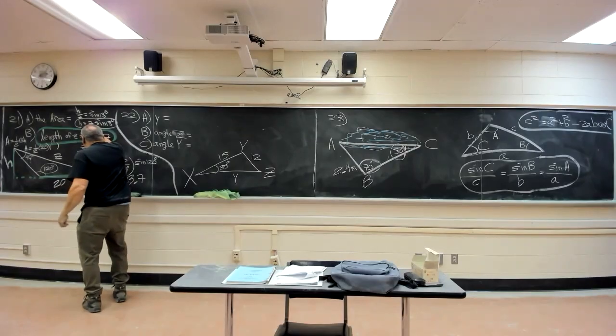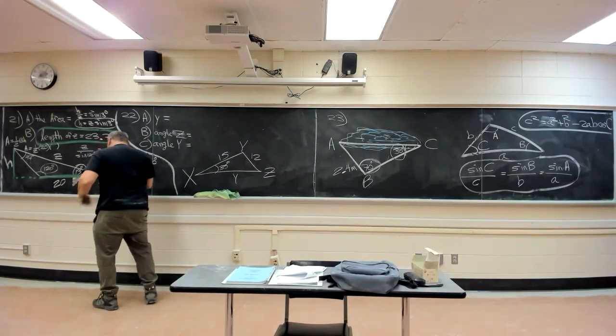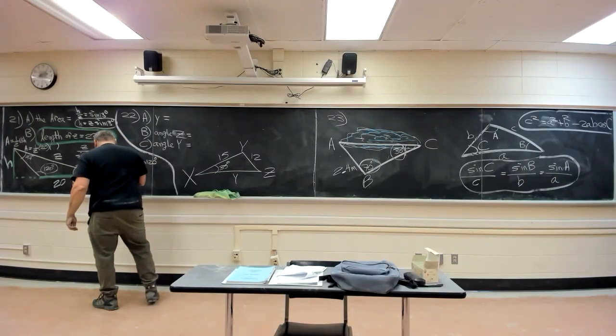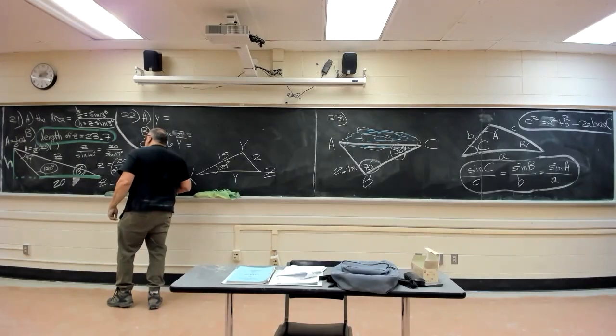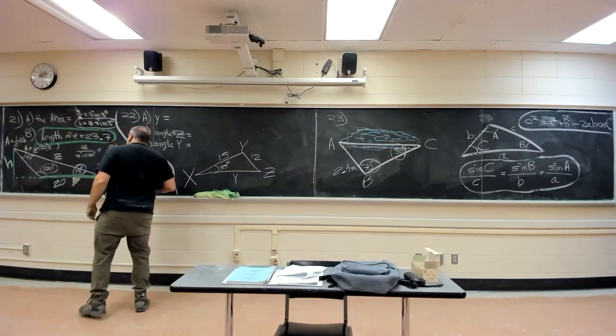Well, we just said that z was 23.6828. Multiply that, that's z, with the sine of 13. The height becomes 5.327.